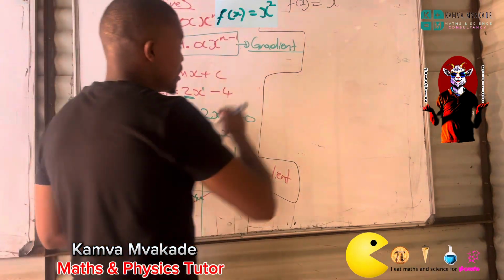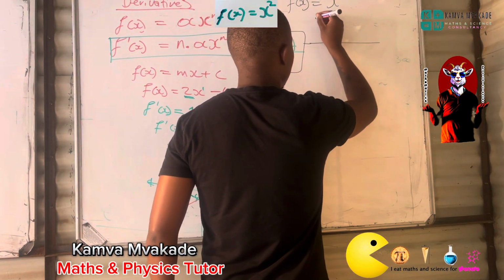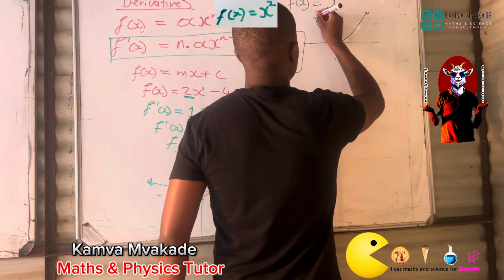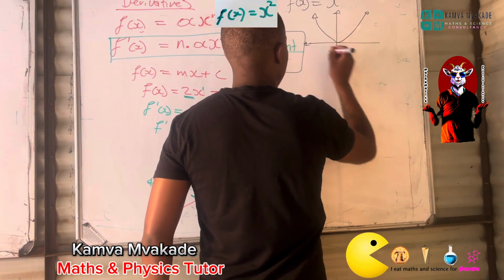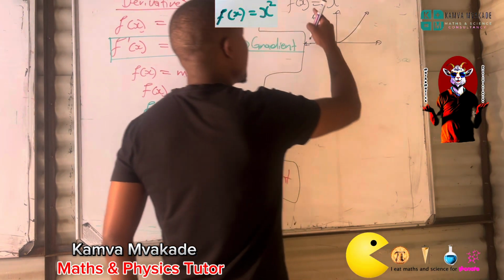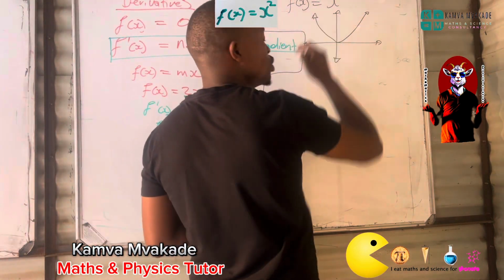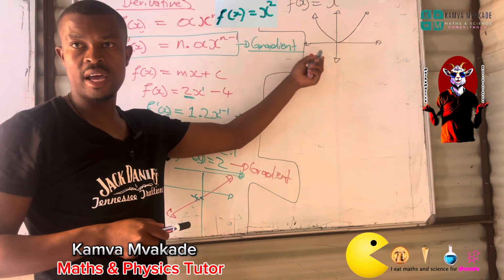When we draw our parabola, it will look like this. This will be the graph that is given by f of x is equal to x squared.